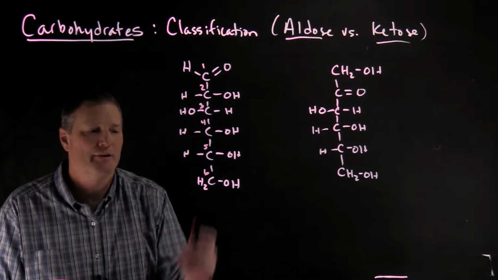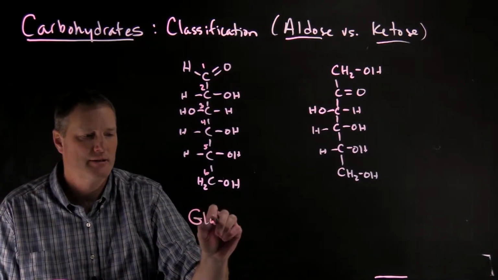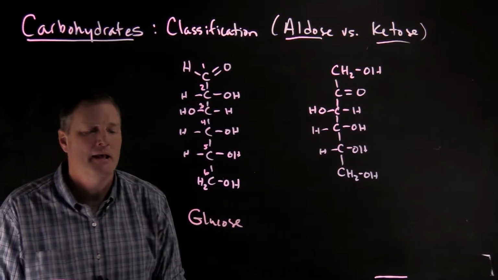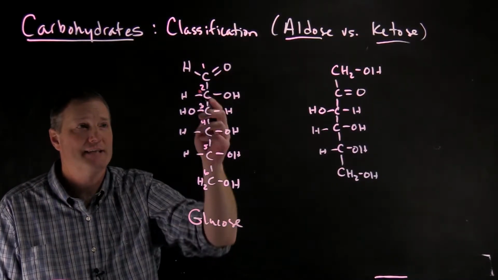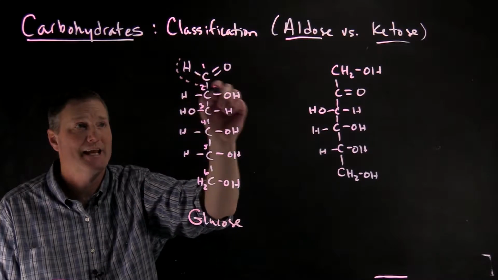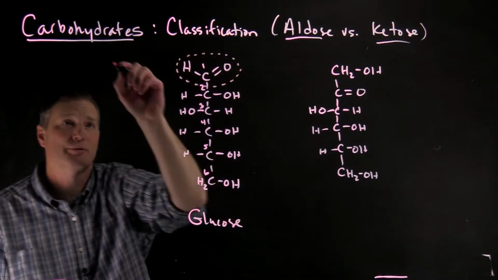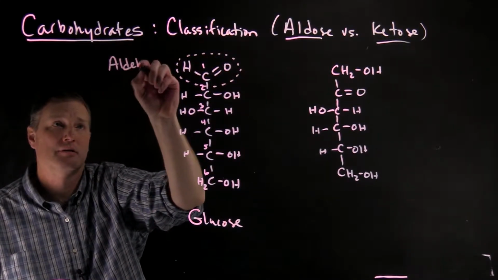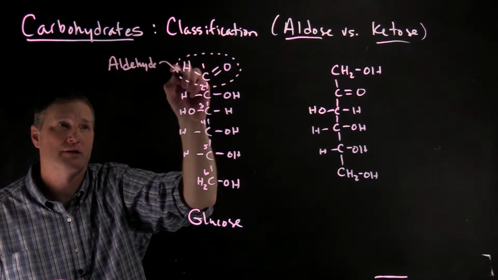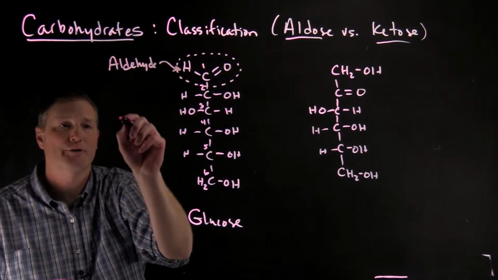This is actually the molecule called glucose. But we could classify this as an aldose sugar, so it contains an aldehyde functional group. Okay, so this entire sugar could be called an aldose.